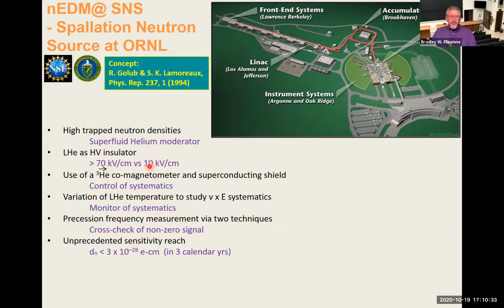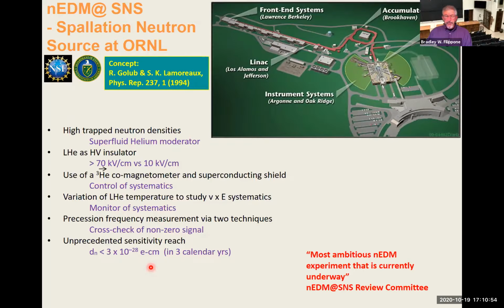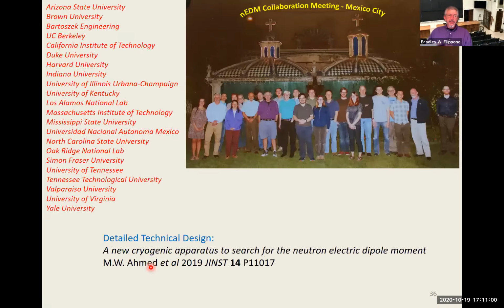We also have techniques to monitor systematics. And we believe that in a 3 calendar year run, we would have a sensitivity of 3 times 10 to the minus 28 centimeters. So that's nearly 2 orders of magnitude over the present experiment. The collaboration is shown here.